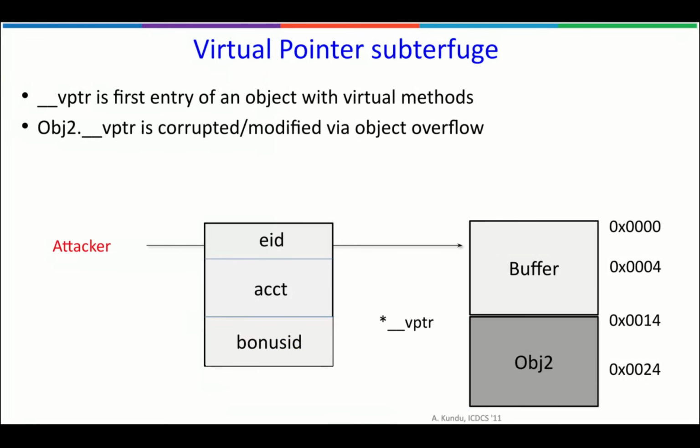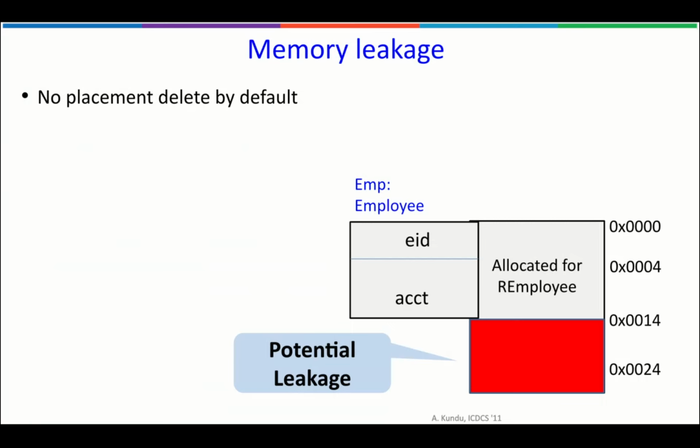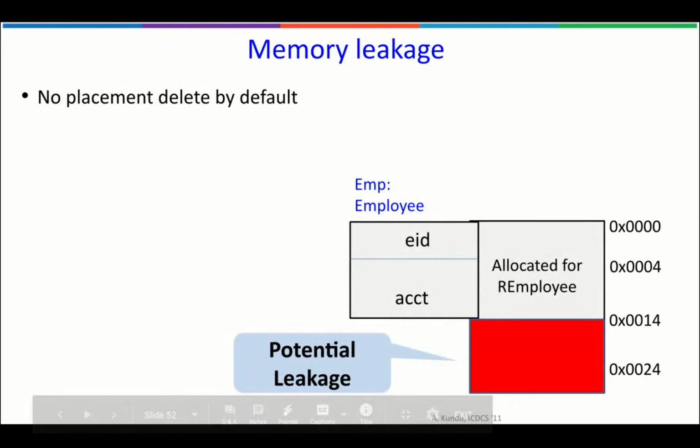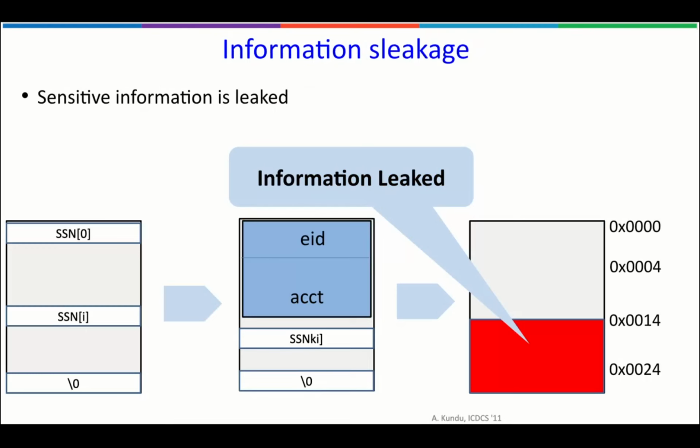In fact, if you have an object 2, you can modify the VPTR here. Memory leakage, right? If you are constructing a smaller buffer in place of a larger buffer, you are leaking the remaining memory if you are not reallocating it properly. So information leakage can also be carried out.